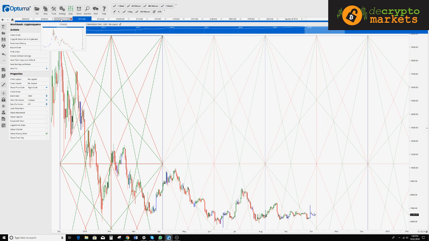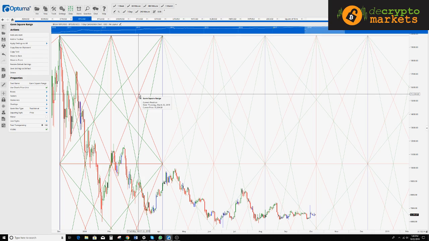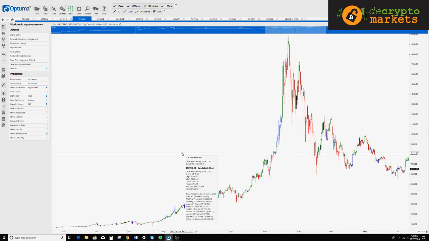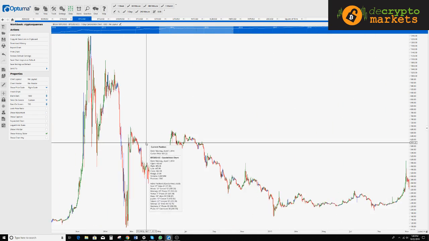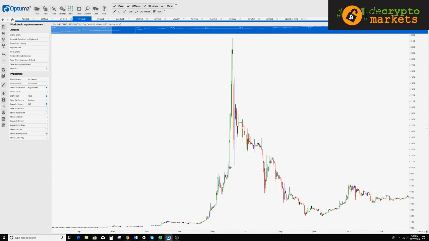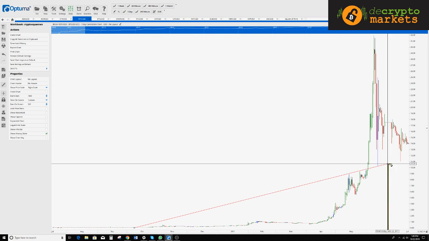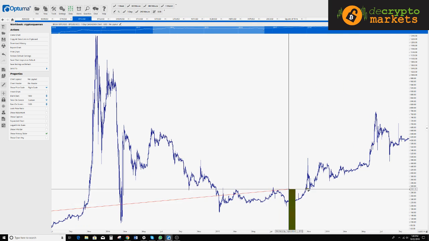Regardless, squaring Bitcoin's chart is sometimes more of an art than a science. I mean, we can swing from the ultimate low if we want to, but then find an alternative former swing high.